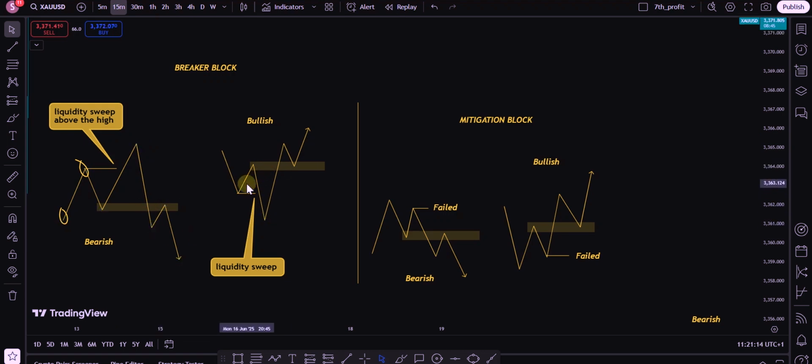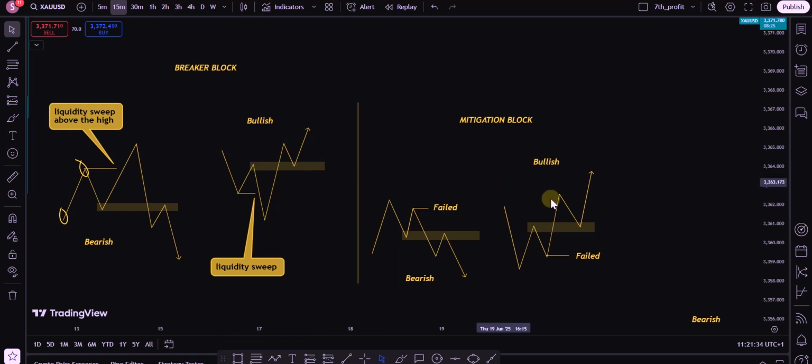I hope you get it. A bullish breaker block is associated with a liquidity sweep below the lows, forming a lower low. As you can see right here, we have a liquidity sweep below this low before the market structure shift happens.